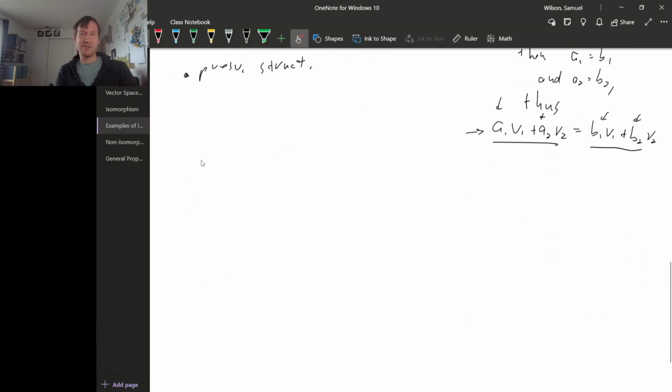So if we have, say, A1 V1 plus A2 V2, here's one linear combination in that span. Here's another, B1 V1 plus B2 V2. Okay, if we add these, this addition is in that span, right?